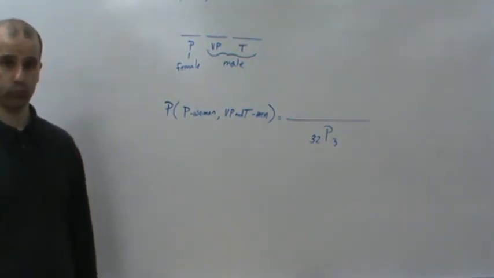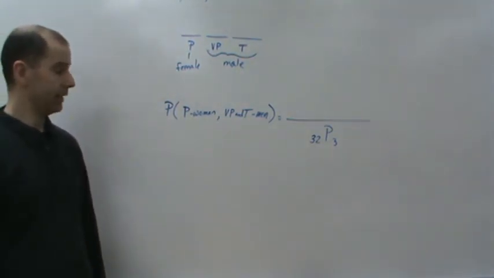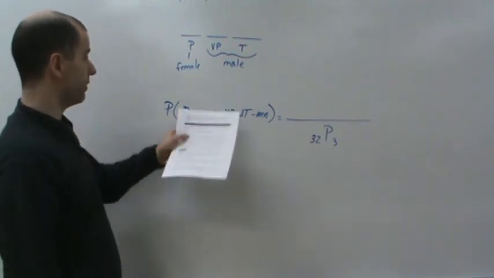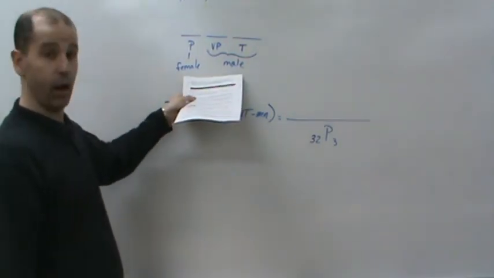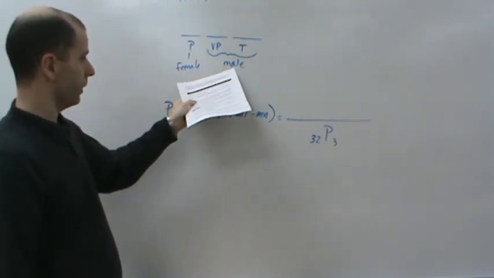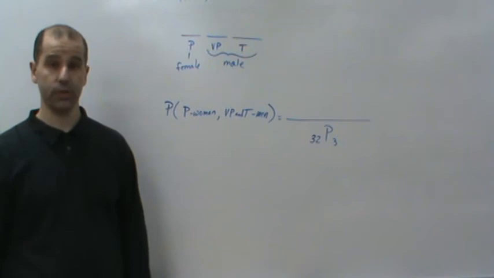Okay? Now on the top, well, this is the situation. We want all of the outcomes that give me this. The president is female, and the other 2 positions are male.